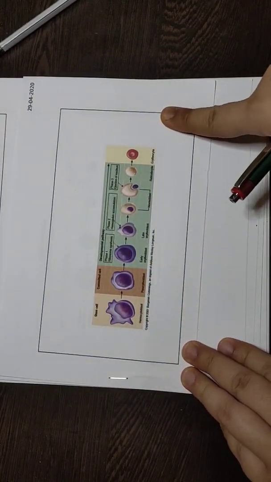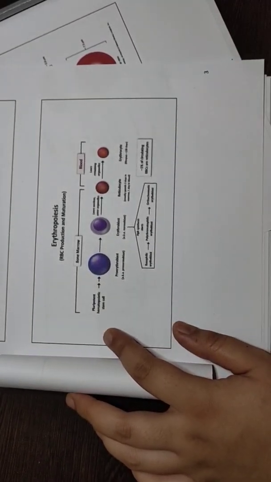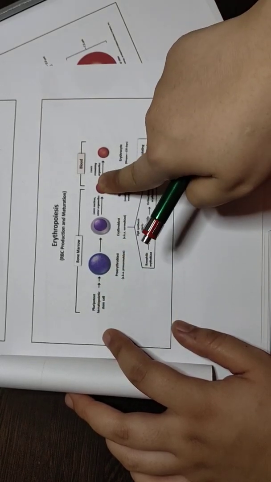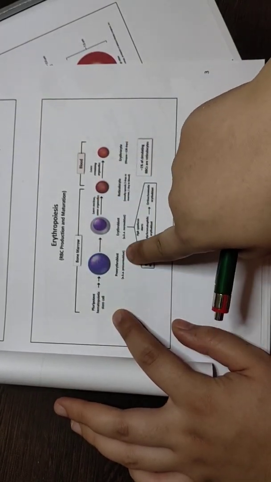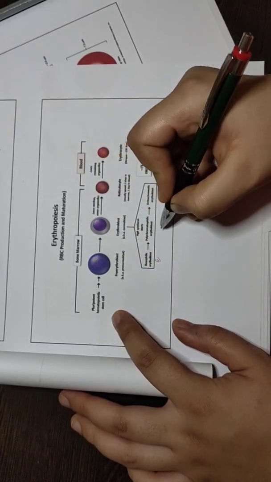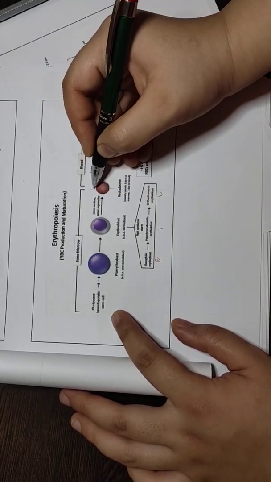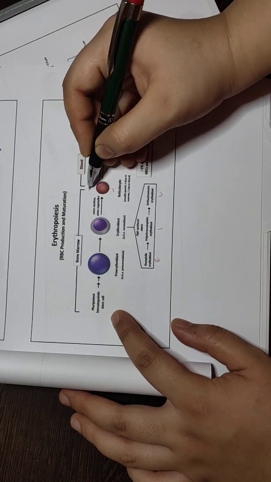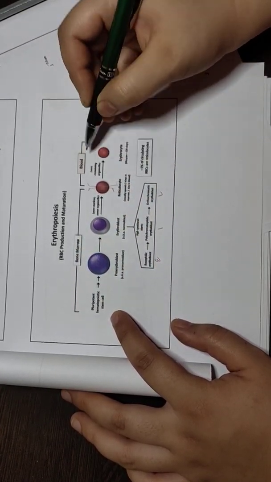Okay. Now, this is another image for better understanding. I have put another image also. This image will help you understand what step takes place where. So, the hematopoietic stem cell, the proerythroblast, erythroblasts, that is the early, intermediate and the late stage, all this and half of reticulocyte will take place in the bone marrow and half of it will take place in the blood.